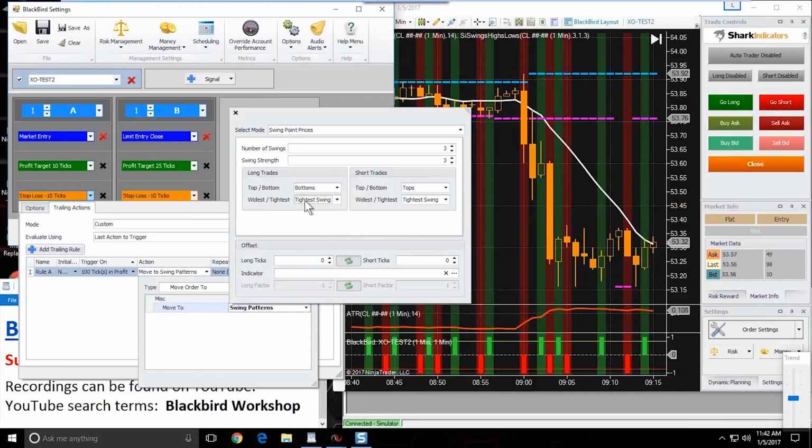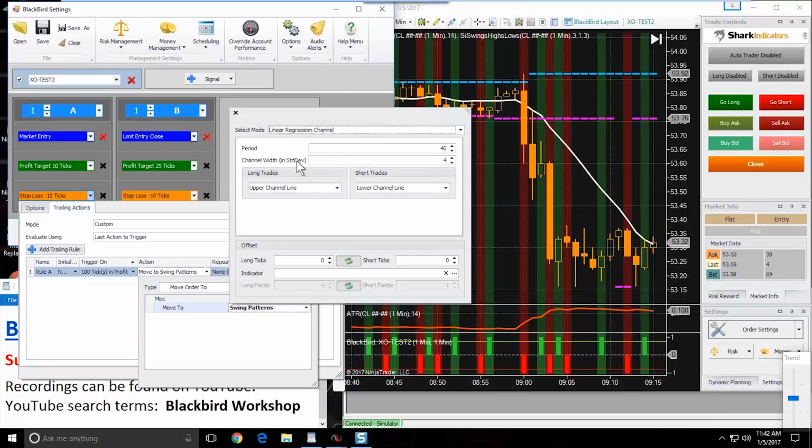The tightest plots will actually draw on the intermediate swing point, so that would be like a higher low or a lower high. The tightest plots are going to plot out the higher lows or the lower highs, right? So this will keep your stop losses a little tighter.